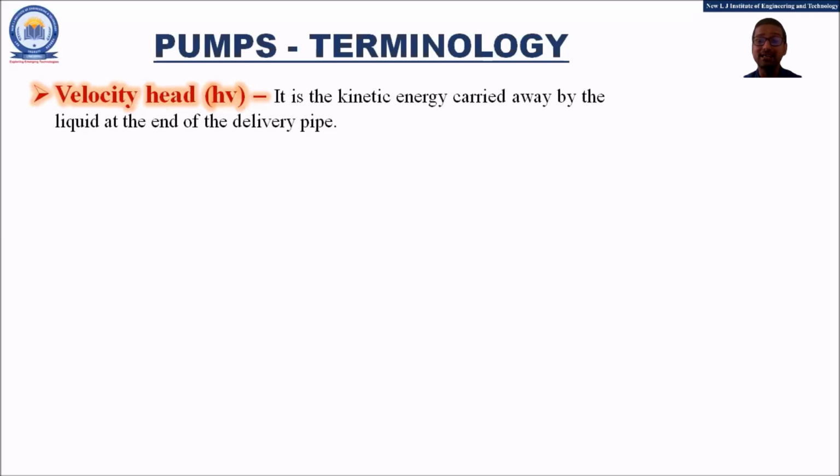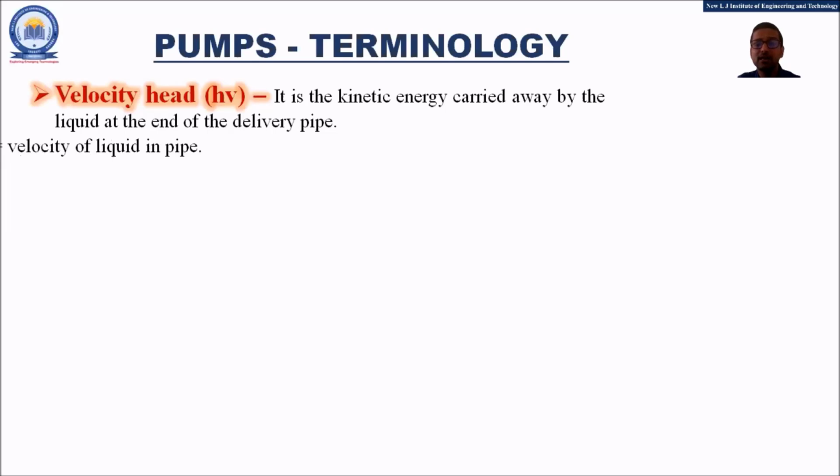And also there is the movement of the water. So friends, whenever there is the movement of the water, we are considering that the liquid possesses kinetic energy. So the velocity head is the kinetic energy carried away by the liquid at the end of the delivery pipe.